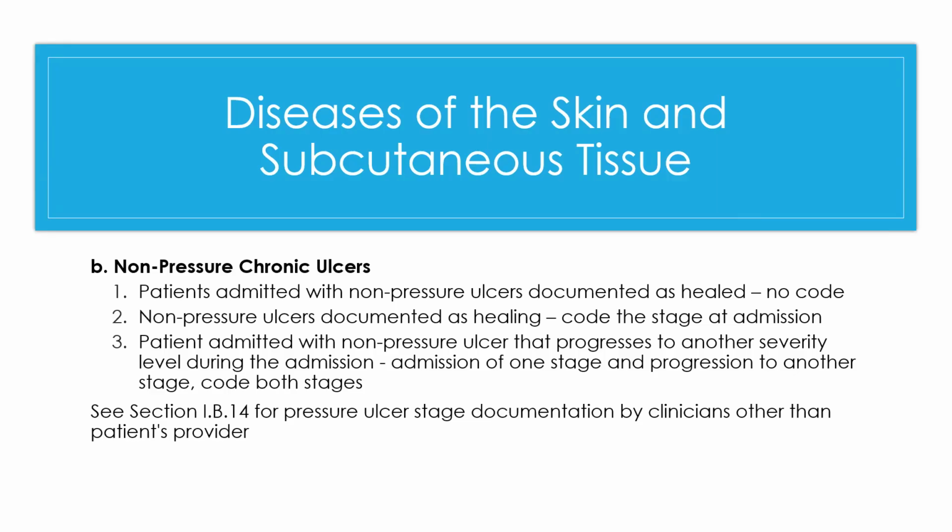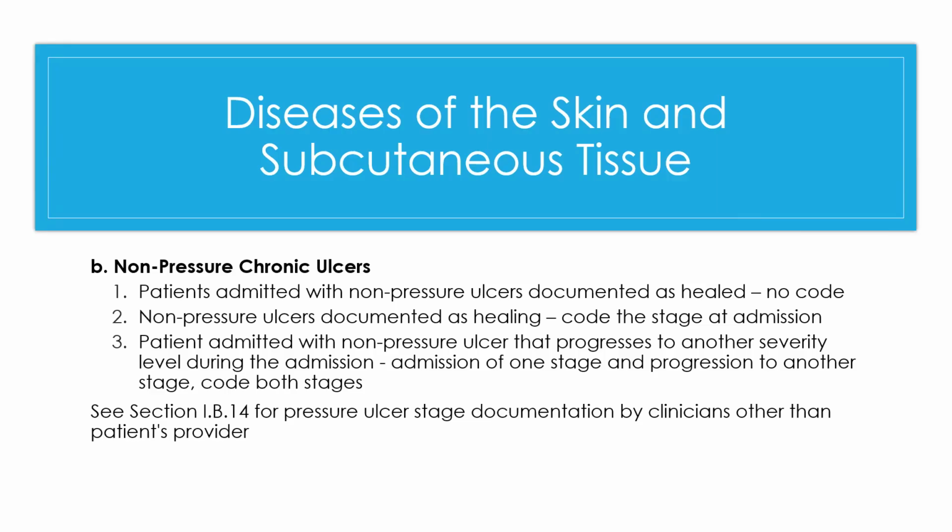If the documentation is unclear as to whether the patient has a current or new non-pressure ulcer, or if the patient is being treated for a healing non-pressure ulcer, query your provider. For ulcers that were present on admission but healed at the time of discharge, assign the code for the site and severity of the non-pressure ulcer at the time of admission.